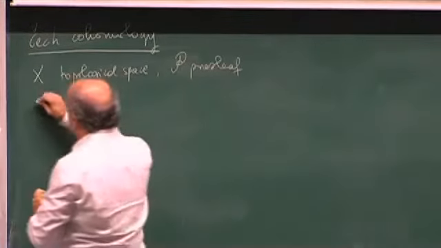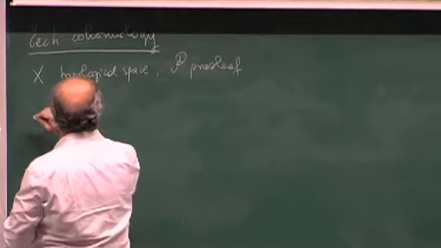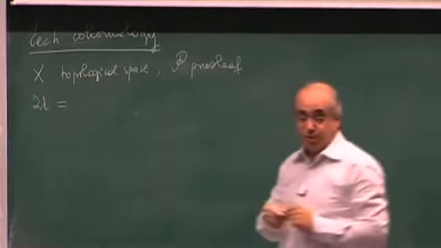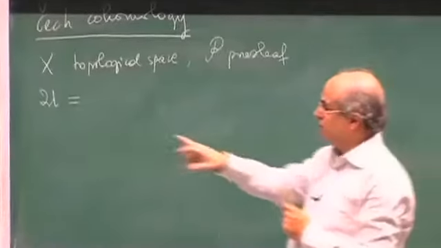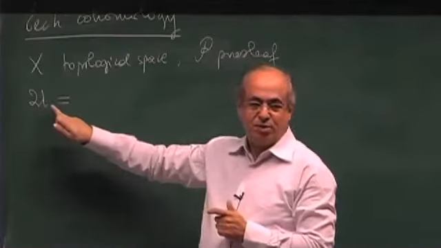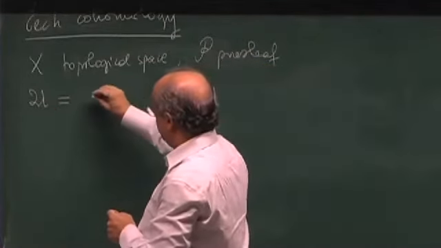But to start with, to define Čech cohomology, we need something more. We also need an open cover of the topological space. So U pretends to be perhaps a Gothic U or something like that. That's my notation for open covers.